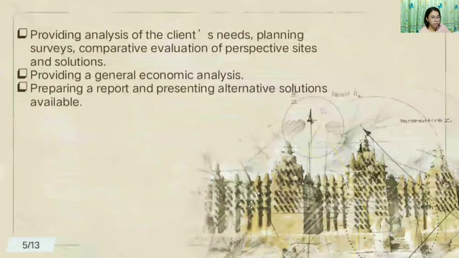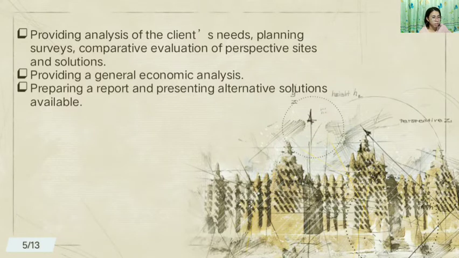Next is providing analysis of the client's needs and planning surveys, comparative evaluation of prospective sites and solutions, providing a general economic analysis, preparing a report, and presenting alternative solutions available.